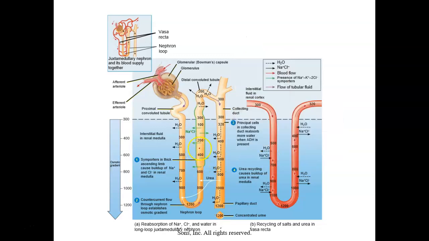Just think about it. Even though water is unable to leave the ascending limb here, the different solutes can. As the different solutes leave the tubule, well, water's a follower, and water follows.